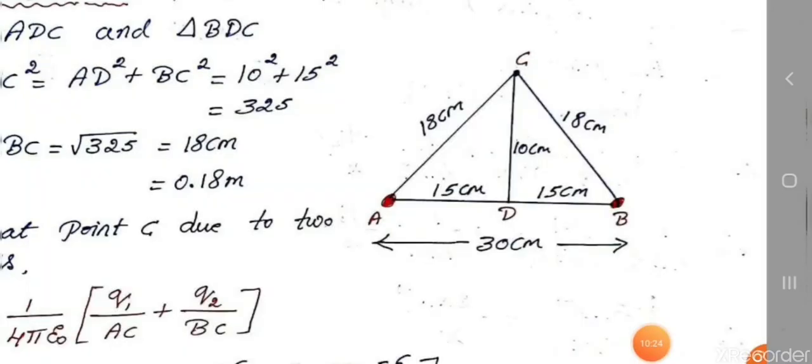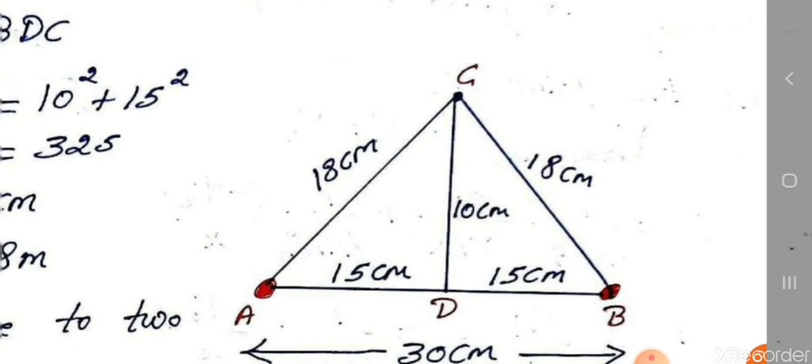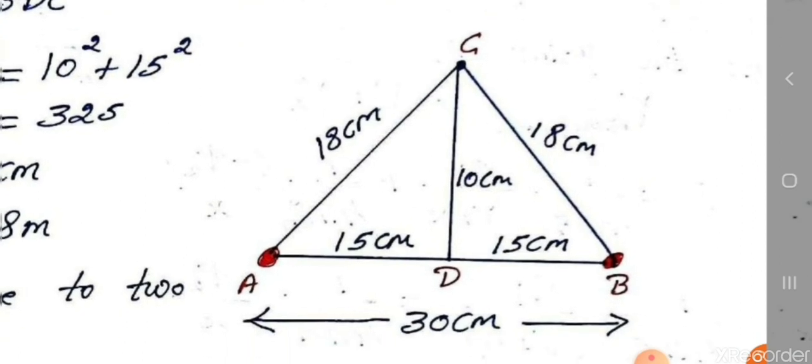See, this is the picture. Now A and B, we have to place the two charges there with a 30 centimeter distance. Observe the midpoint, D is the midpoint. Since it is the midpoint, the distance gets divided equally, that is 15 and 15 centimeter. We have to find the resultant potential at the point C, which is located 10 centimeter from the midpoint.